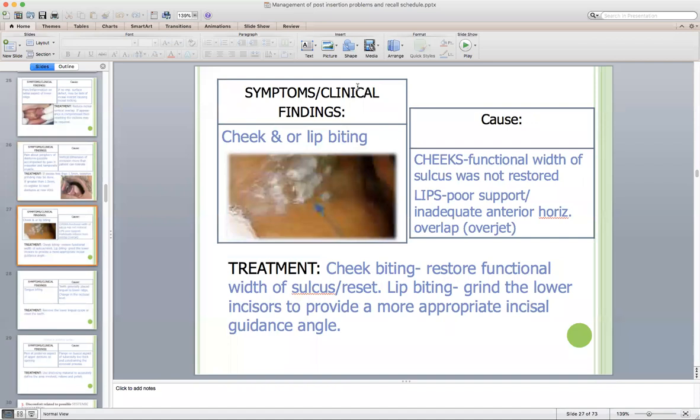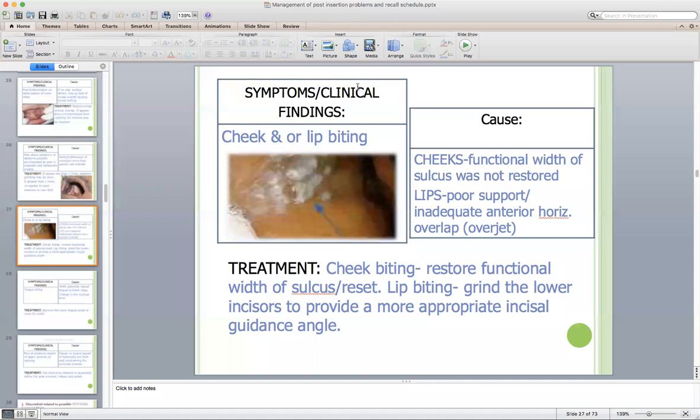Then, many a times patients do complain of cheek and lip biting post denture insertion. The cause for the cheek biting is that the functional width of the sulcus was not restored. That is why it has always been advised to arrange the teeth in a neutral zone. When the teeth are arranged in a neutral zone, enough space is given for the cheeks and the tongue.